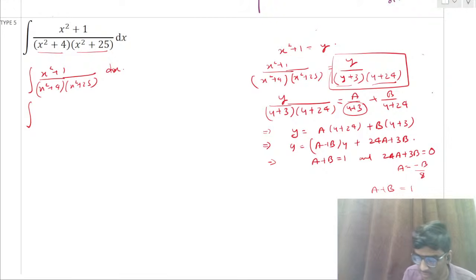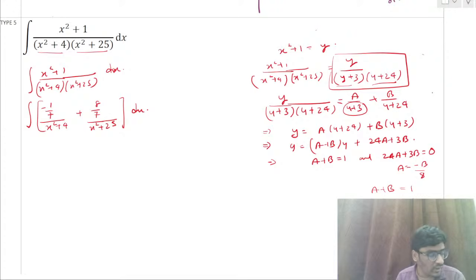So this a is minus 1 by 7 and b is 8 by 7, plus 25.